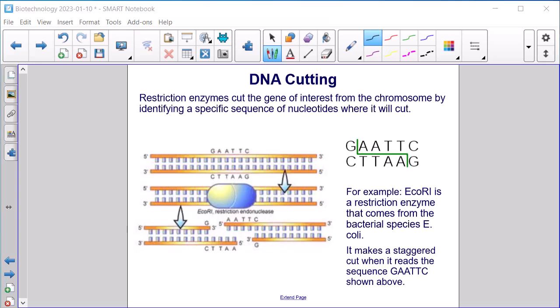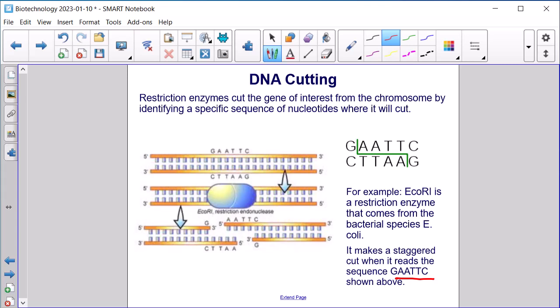EcoR1 is a restriction enzyme that comes from the bacterial species E. coli. It makes a staggered cut when it reads the sequence GAATTC as shown above. So you see in this DNA sequence, we have GAATTC.